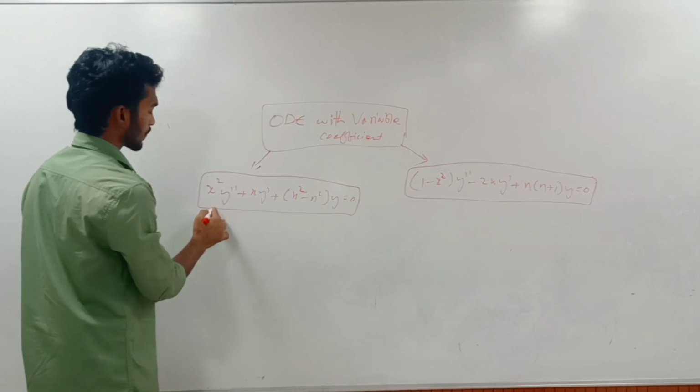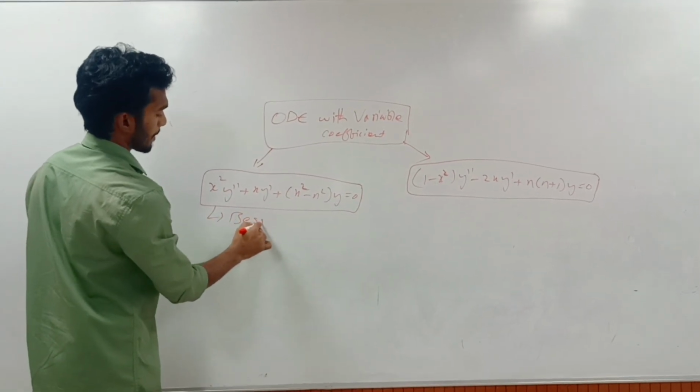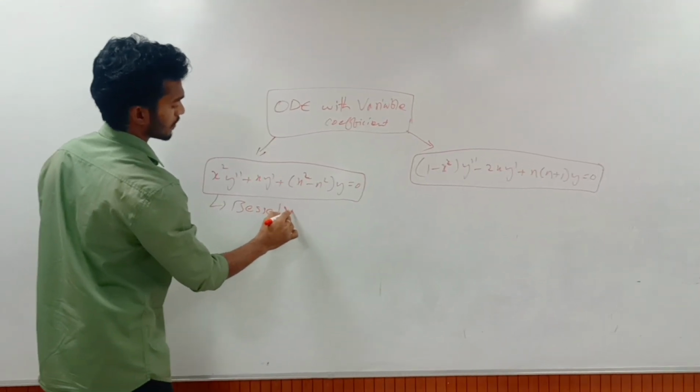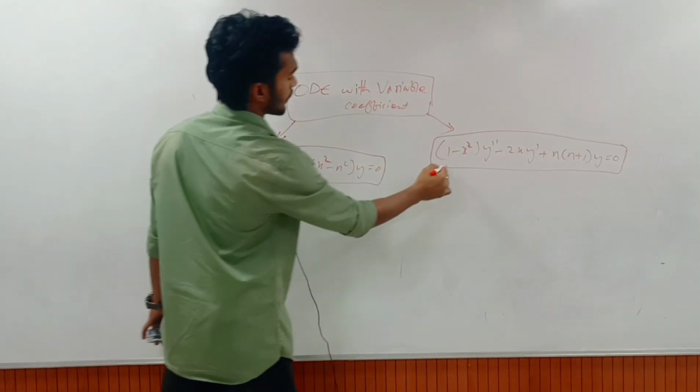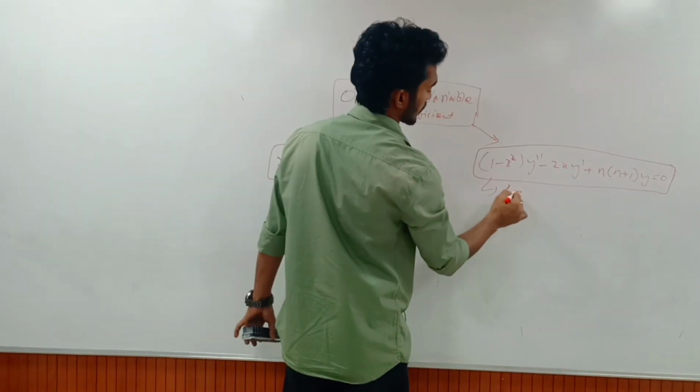The first equation is known as Bessel's equation, and the second equation is known as Legendre's equation.